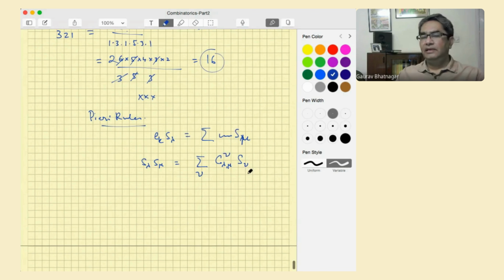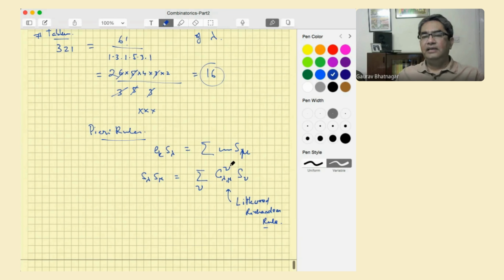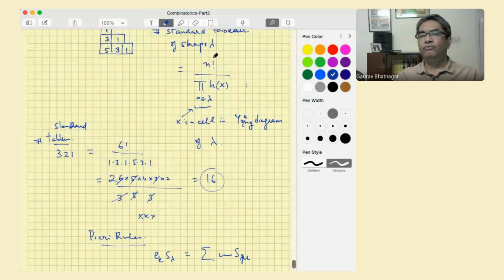I mean, these form a basis, so you can write it. These coefficients come from what are called the Littlewood-Richardson coefficients. So all these objects are positive, and they have some combinatorial meaning. So a lot of combinatorics is hidden.